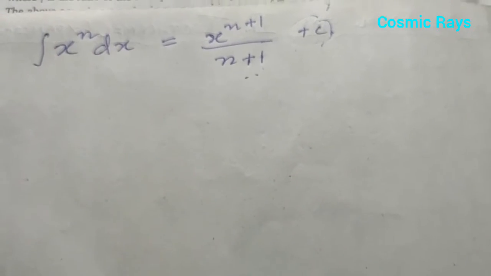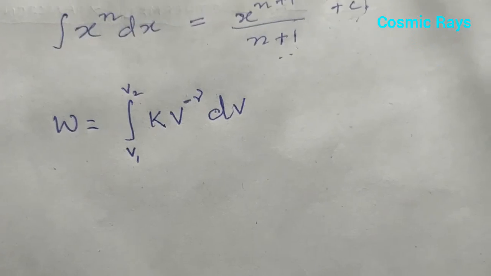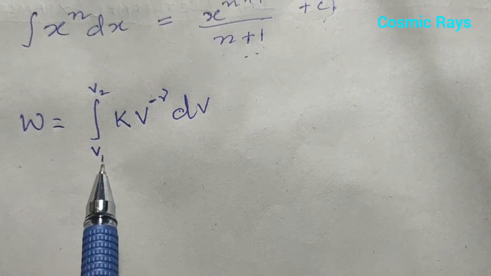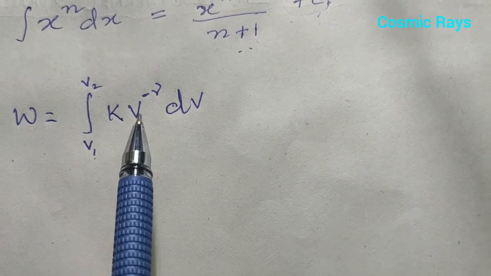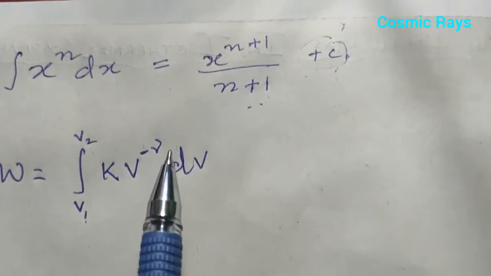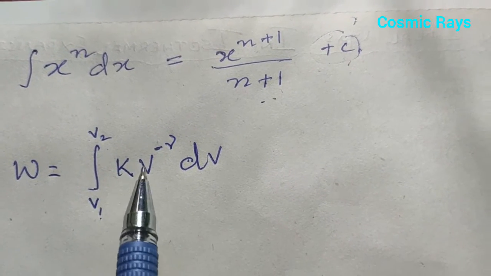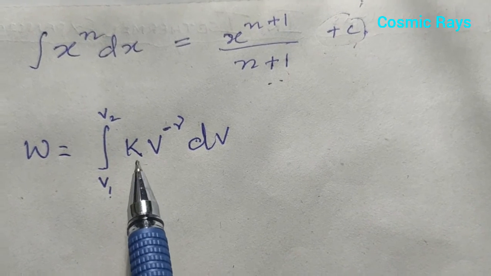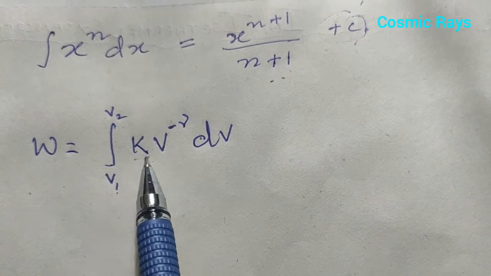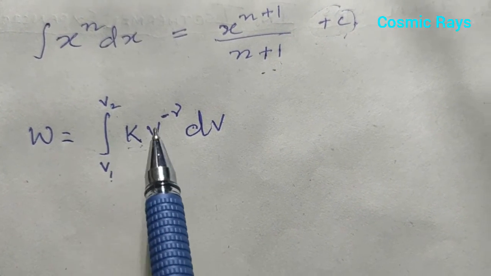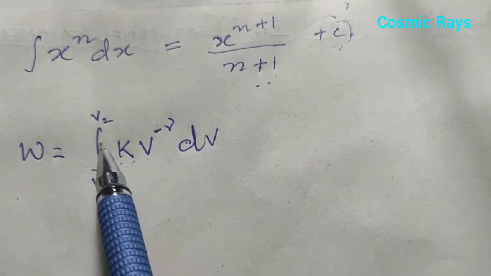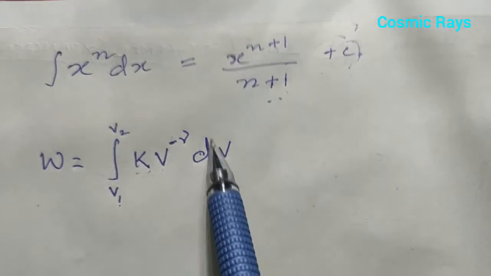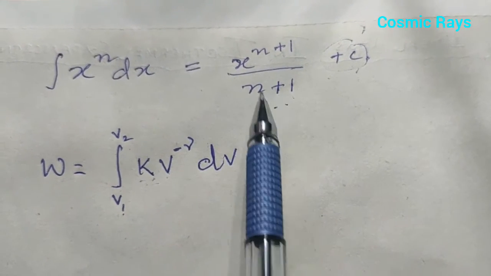So here, work done W is equal to integration from V1 to V2 K V to the power minus gamma dV. So this is of the form of this equation. Here K is a constant, so the constant can neither be integrated nor be differentiated, so it will come out of the integration, and we will have K times integration of V to the power minus gamma dV, and we will be using this formula.